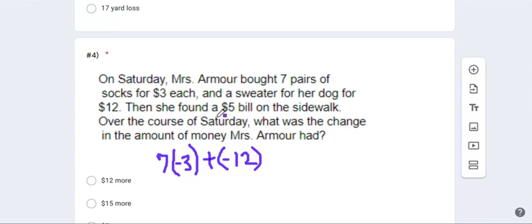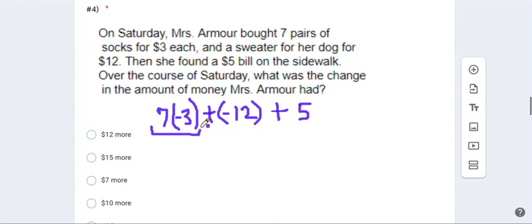Then it says she found a $5 bill on the sidewalk. So I'm going to add positive 5, because she found $5 on the sidewalk. Over the course of Saturday, what was the change in the amount of money Mrs. Armour had? Well, we said 7 times negative 3 is negative 21. She spent $21 on socks, plus the negative 12 for the sweater, and then plus the 5 that she found on the sidewalk.